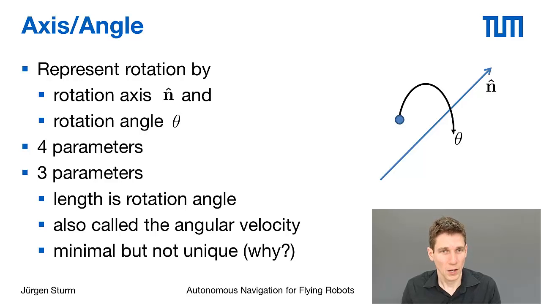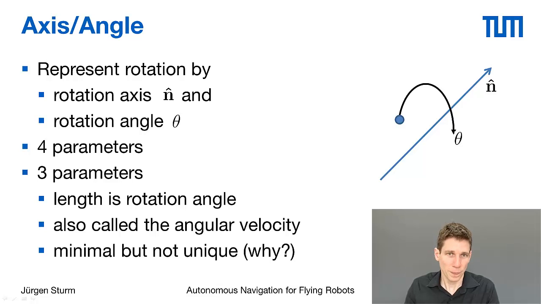An alternative representation, and also quite an intuitive one, is the so-called axis angle representation. There the idea is that you describe a rotation by a rotation axis, a normal direction vector in 3D, and a rotation angle, theta, that says by how far you rotate around this axis.